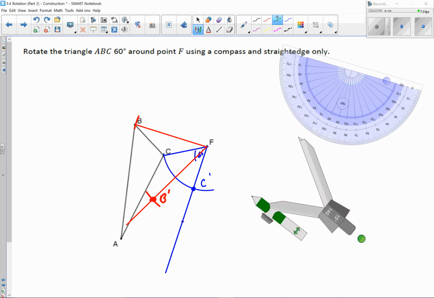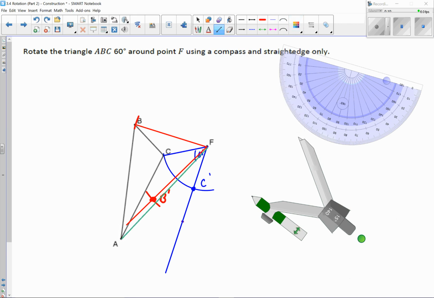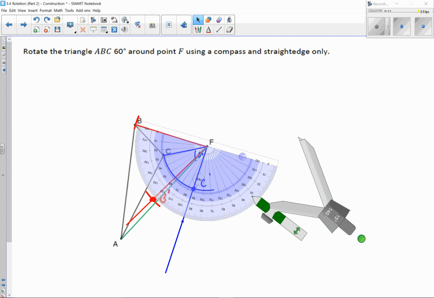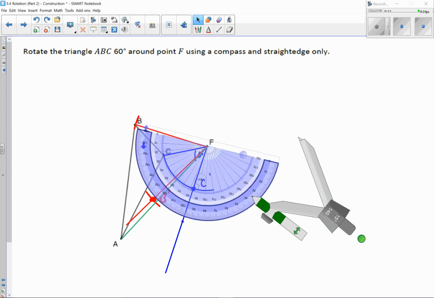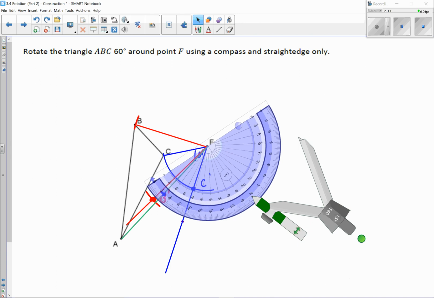And again, I'm going to repeat this process one more time for A. So from A to F, all right, come out here, put my protractor on F. I'm going to rotate around. Again, I'm not quite sure why this is taking so long to process, but we will deal with it.